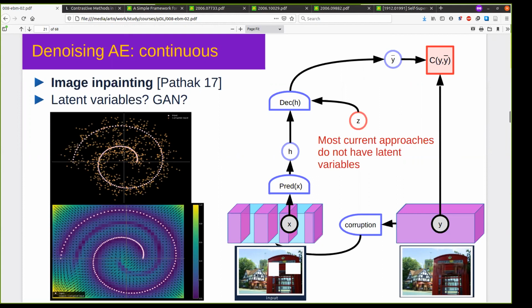But on the other hand, we as humans don't even think of considering the full space of possible images, right?